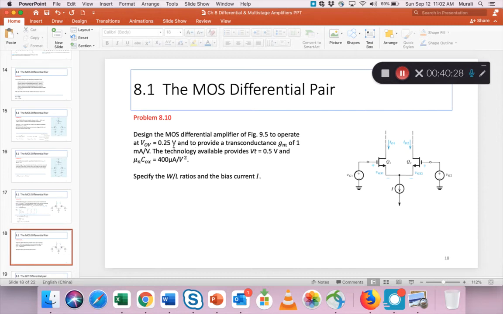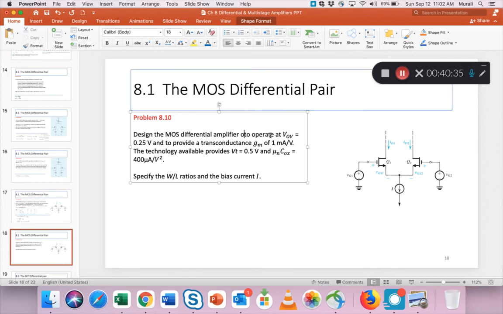Here is a design problem, right? Design the MOS differential amplifier to operate at VOV of 0.25 and to provide a transconductance GM of 1.